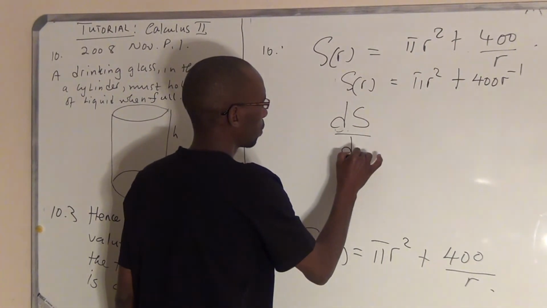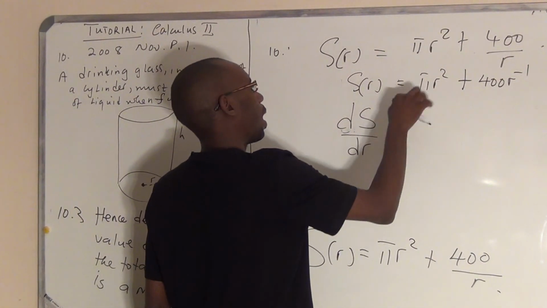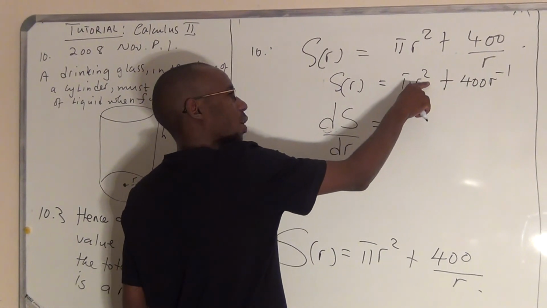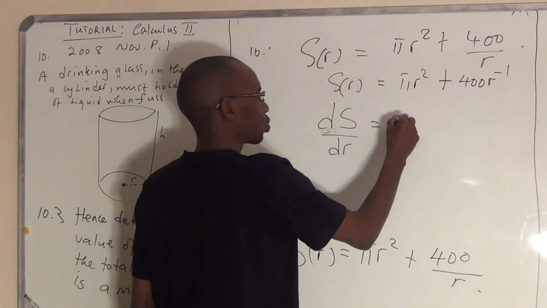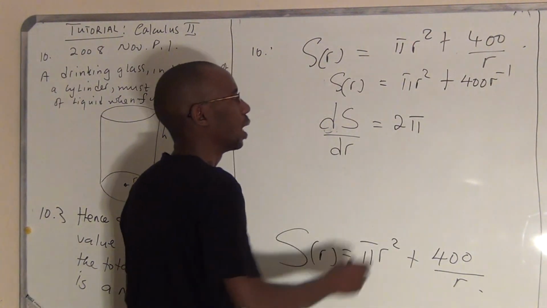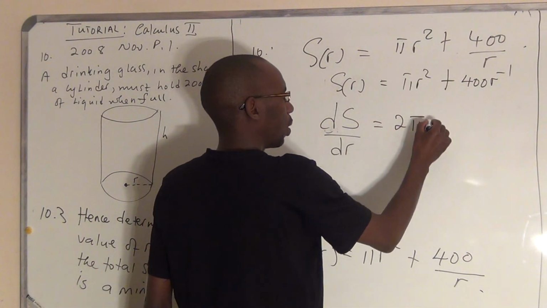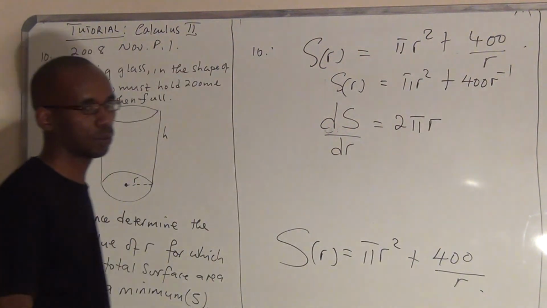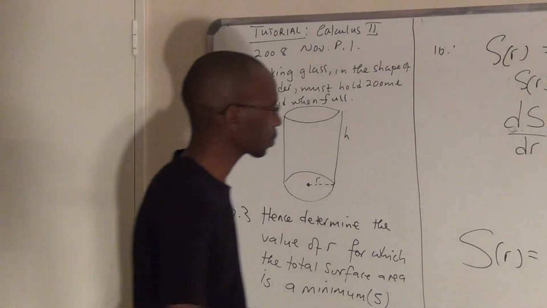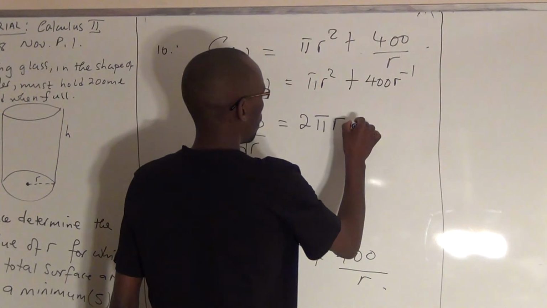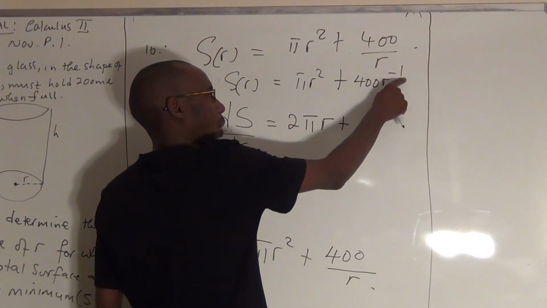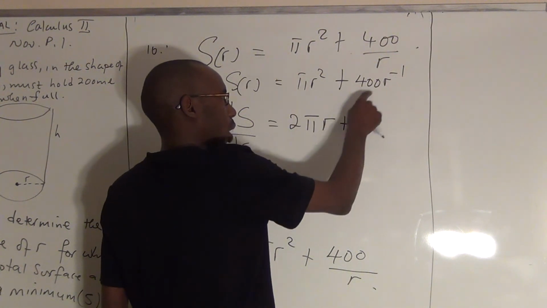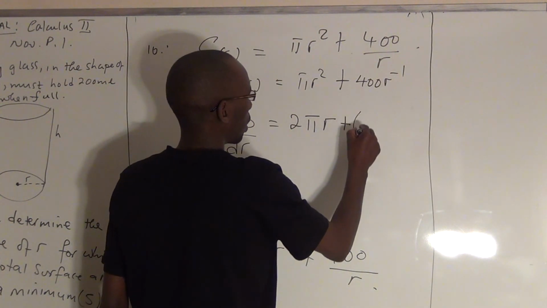Now, we can easily go on to differentiate this. dS/dr will be equal to, our power here of r is 2, our coefficient is pi, we multiply the 2, we get 2 pi. Reduce your power by 1, we get r to the power 1. Then here, plus, our coefficient is 400, our power is minus 1, so minus 1 times 400, we'll get minus 400.